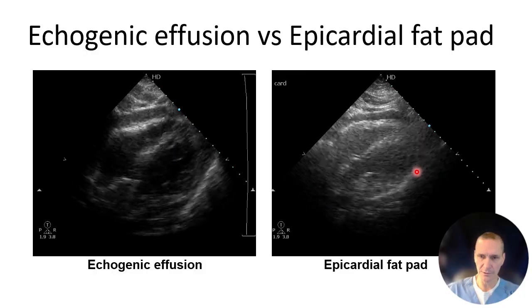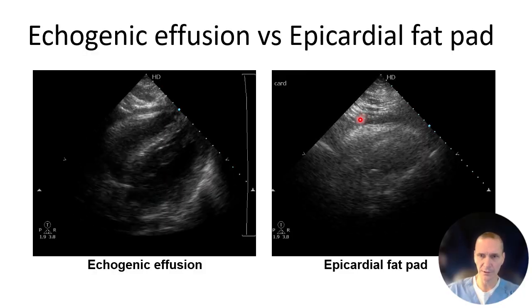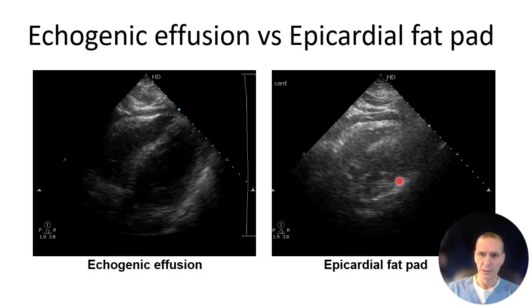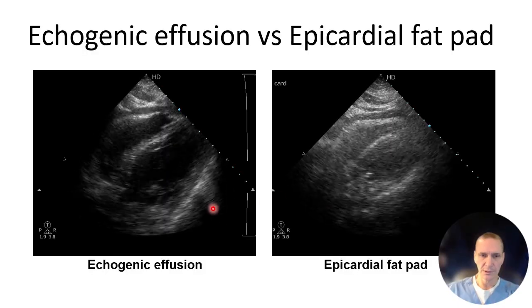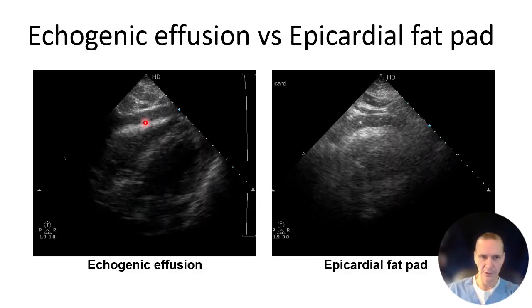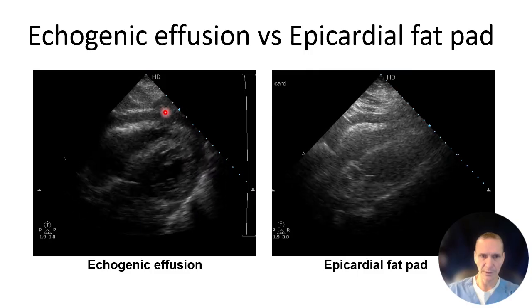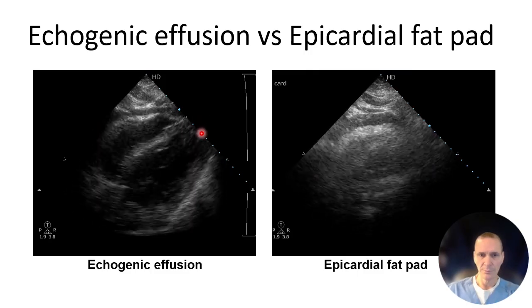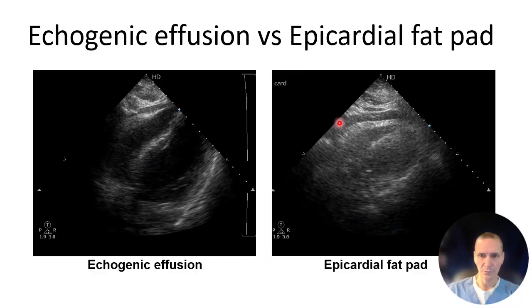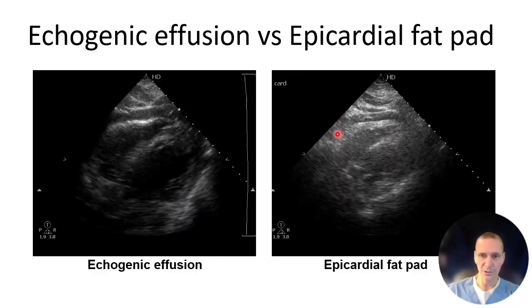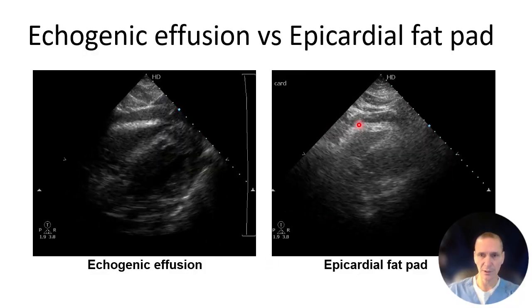Notice how it doesn't travel all the way around the heart. Generally speaking, when you have fluid around the heart, you're going to find that the fluid will travel all the way around the heart. So be careful, especially in larger obese patients, when you're looking around the heart.